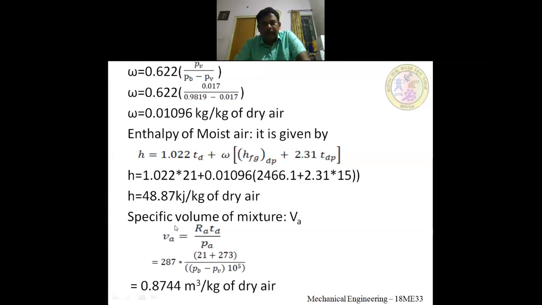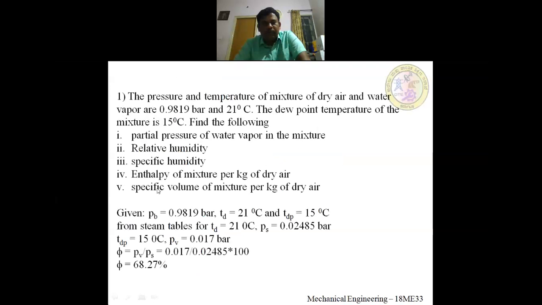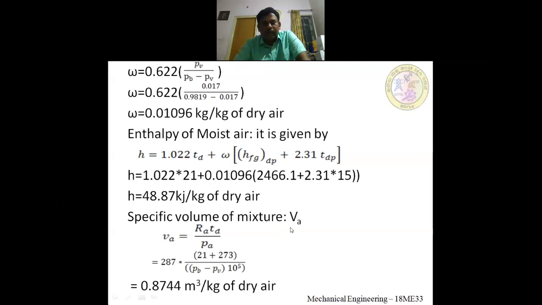And the last one, the specific volume of the mixture. VA is nothing but RA TD by PA, from PV equals RT. RA is nothing but 287 joules per kg Kelvin.